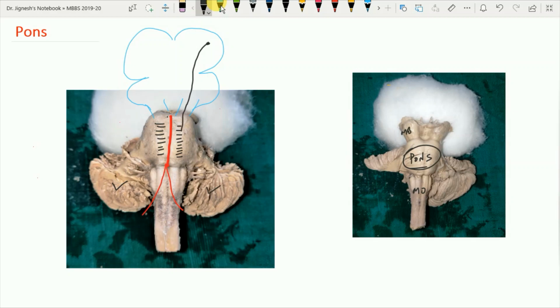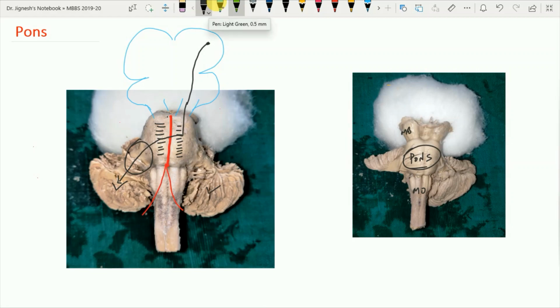They reach the pons and then cross to the opposite side to enter into the cerebellum via this middle cerebellar peduncle.